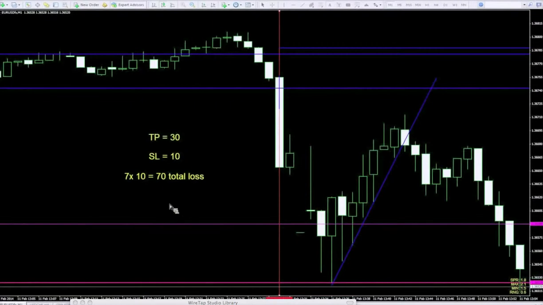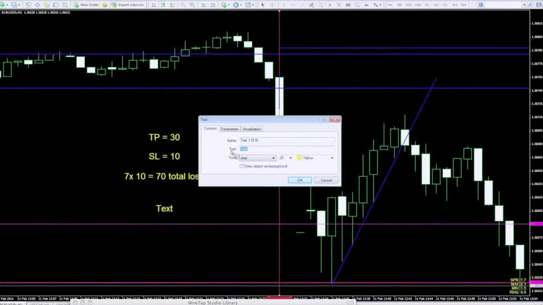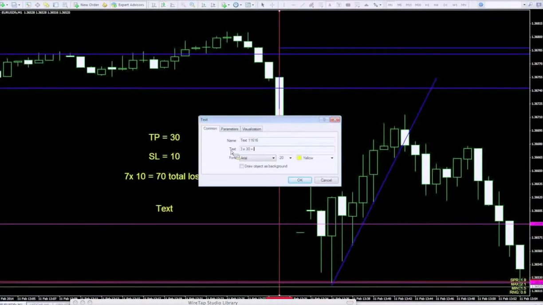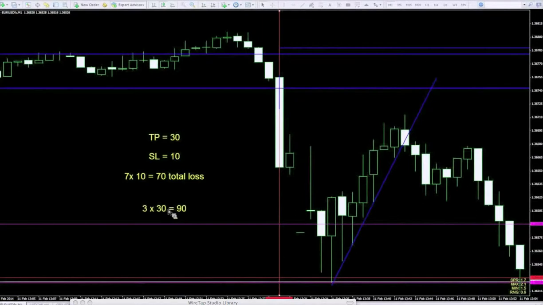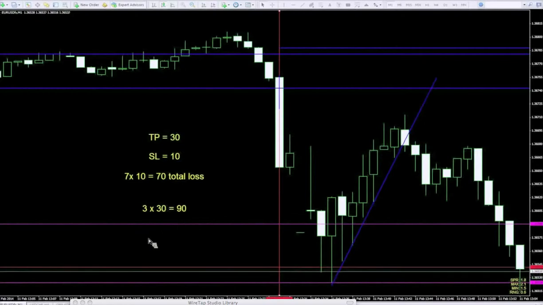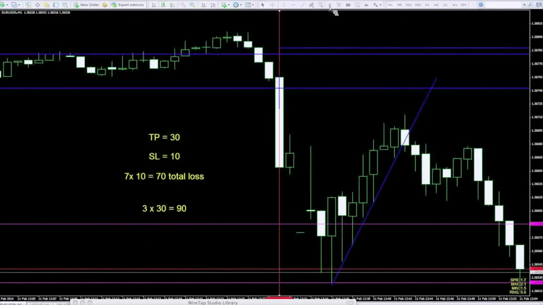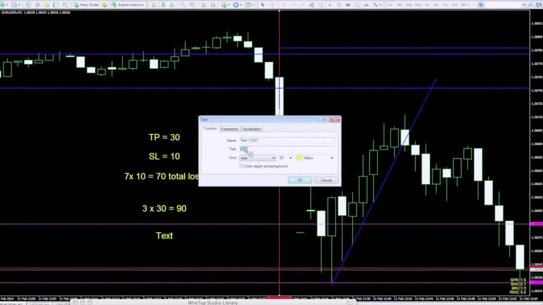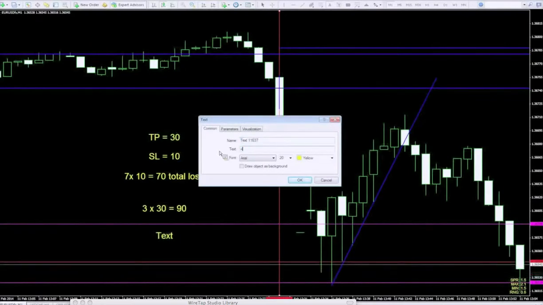Okay, so now we have 3 winning trades at 30 pips equals 90 pips. Okay, so we lost 70 but made 90, so we end up now plus 20. So I want you to really understand that we will end up overall plus 20 in profit.